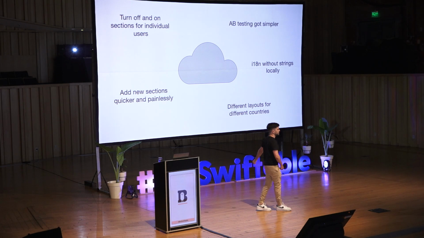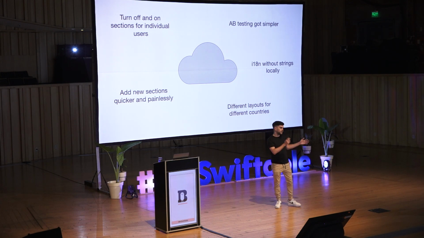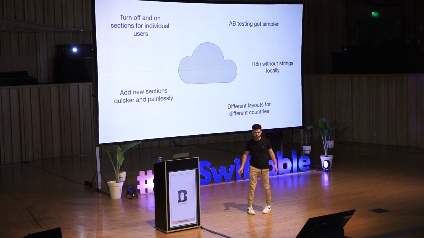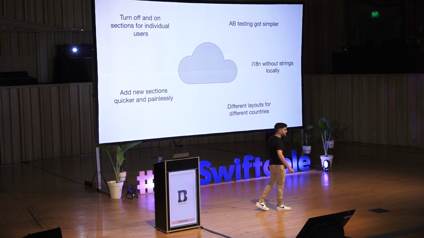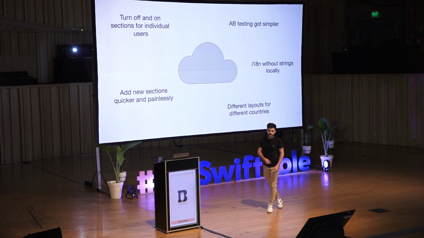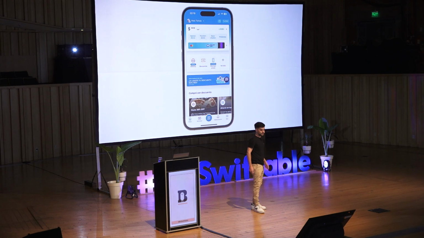We moved all those strings to the backend, and the mobile app just trusts the server that for the given user, we get the appropriate language. Adding sections and removing sections was quick and painless, and we could offer different layouts for different countries or different persons. We could customize the flow as much as we wanted to.